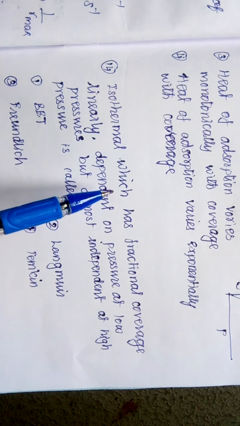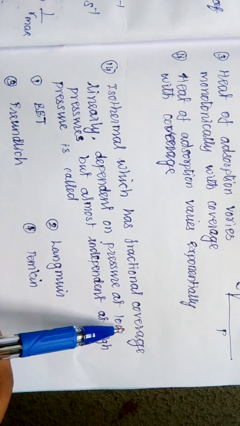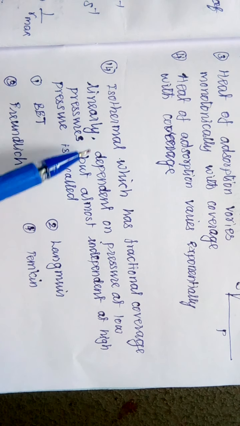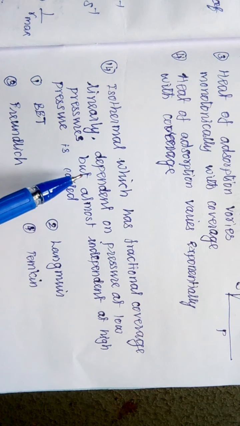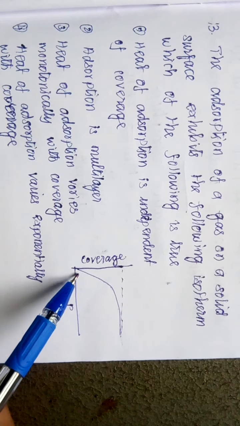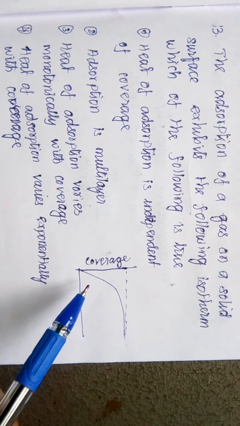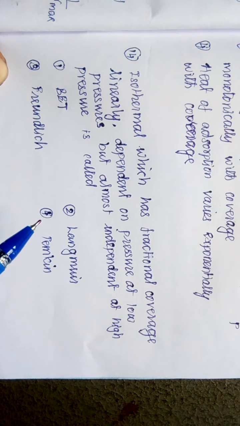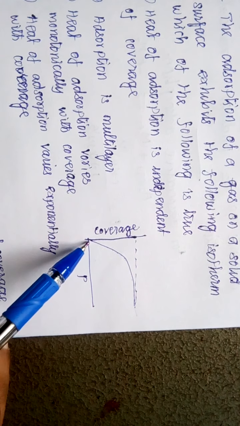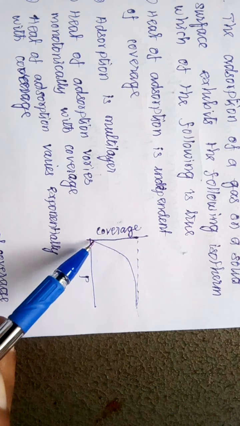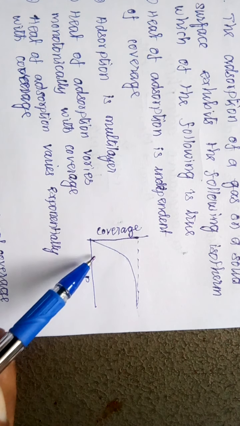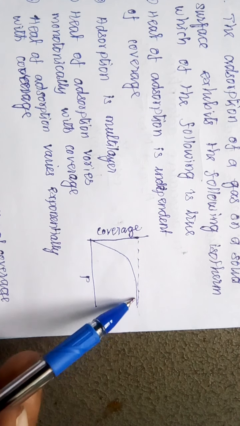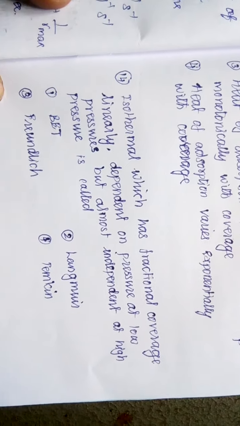For an isothermal adsorption with the fractional coverage, coverage is linearly dependent on pressure at low pressures, but almost independent at high pressures. Like this, it is a linear relation with the pressure at low pressure and almost independent at very high pressures.